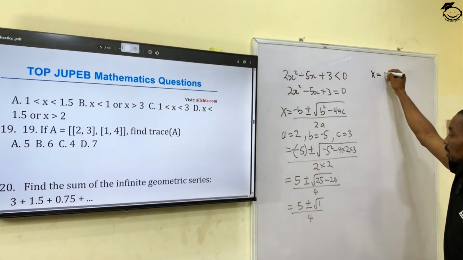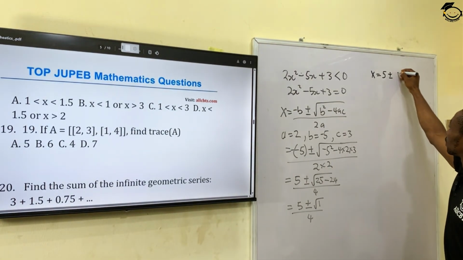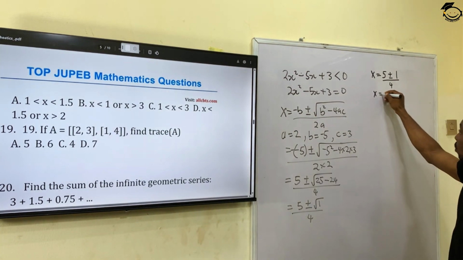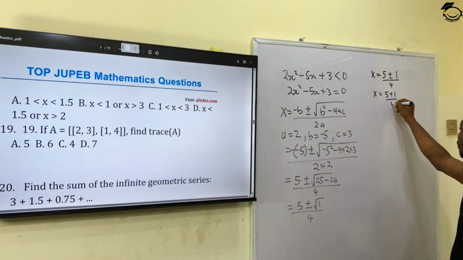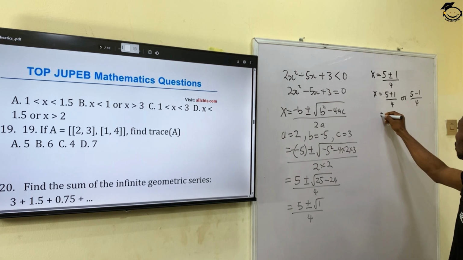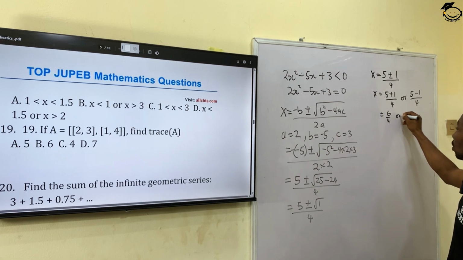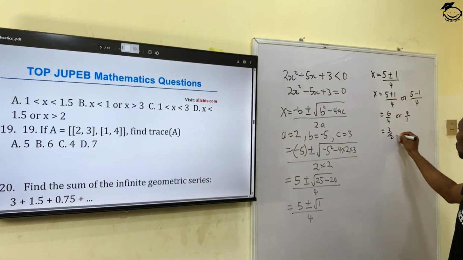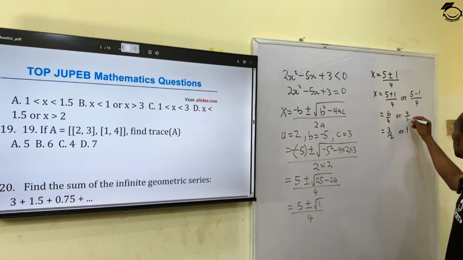X equals 5 plus or minus root 1, which is 1, over 4. So our x equals 5 plus 1 over 4, or 5 minus 1 over 4. This gives us 6 over 4, or 4 over 4, which is 3 over 2, or 1. Okay?